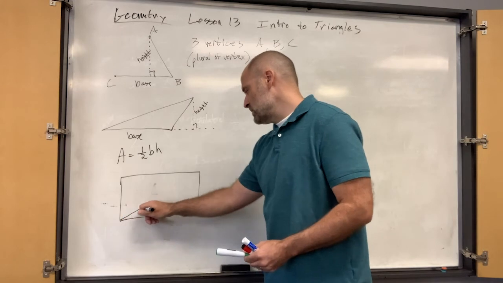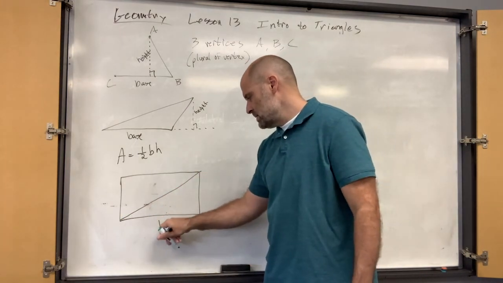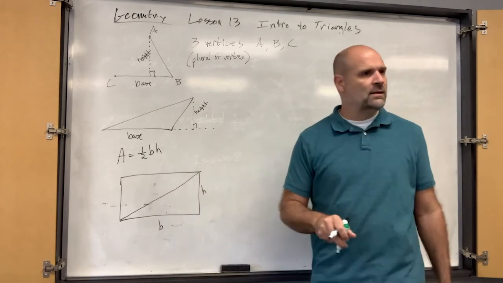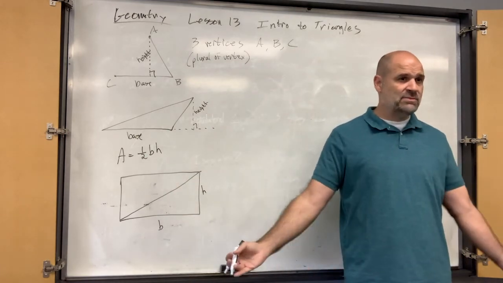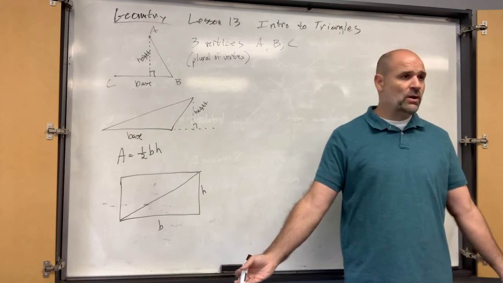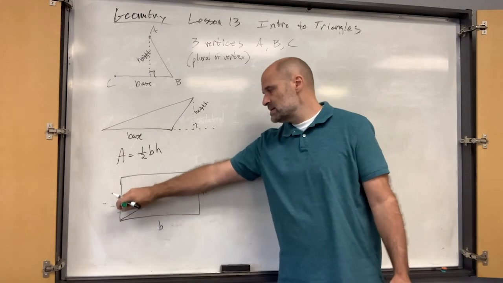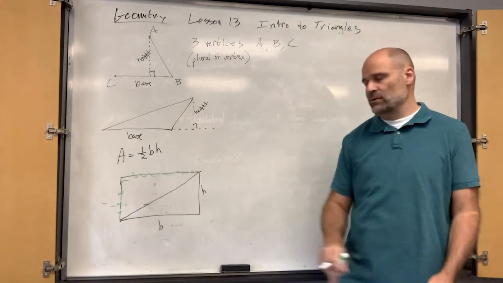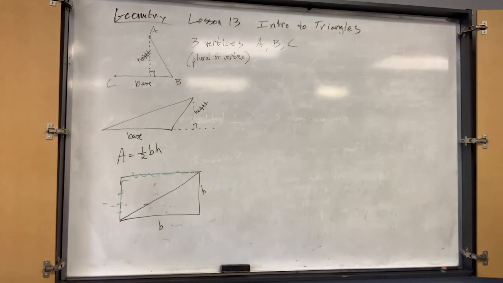Okay, so if I were to draw a triangle here, here's my base, here's my height. Well, the area of that whole rectangle is base times height, right? But we don't want the whole rectangle, we only want half of it. So that's why it's half of base times height, or base times height, cut it in half, divided by 2.